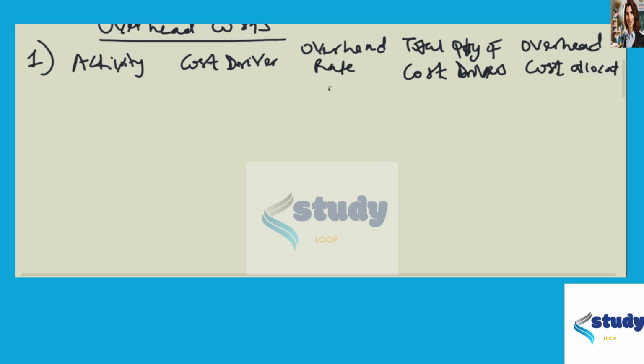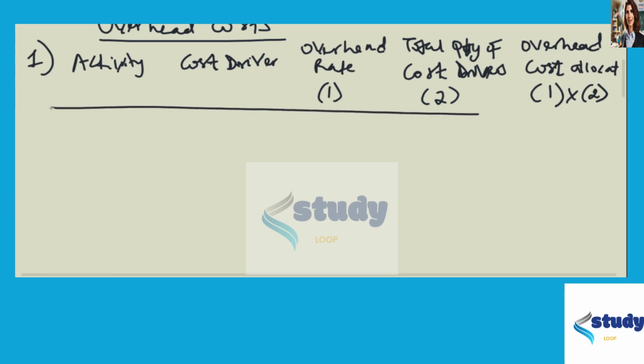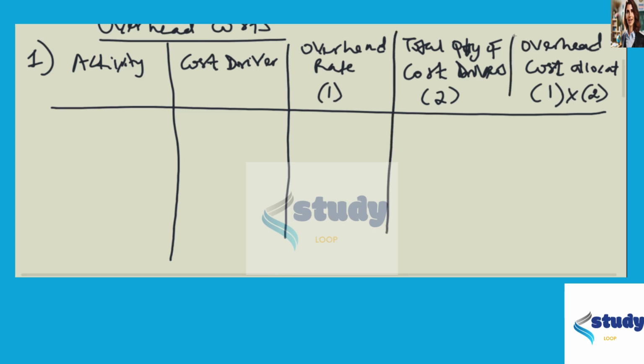So this is number one, this is number two, and then this is 1 multiplied by 2. So we're just going to work with the table, and we'll basically do the same thing for customers 1, 2, 3, and 4. So the activity is regular order processing.